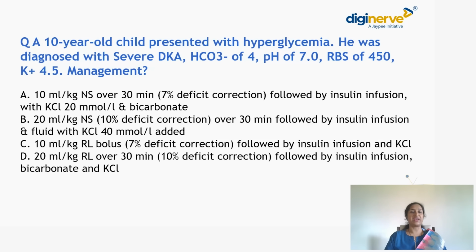A, 10 ml per kg normal saline over 30 minutes, which means a 7% deficit correction followed by insulin infusion with potassium chloride of 20 millimole per liter and bicarbonate. B, 20 ml per kg NS. This is a little higher fluid. 10% deficit correction over 30 minutes, followed by insulin infusion.